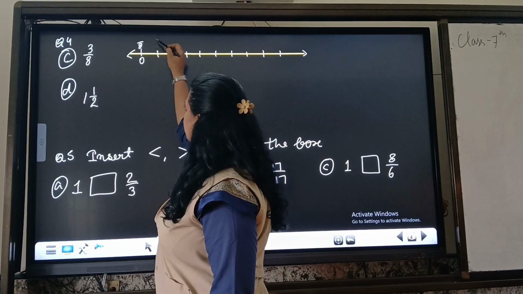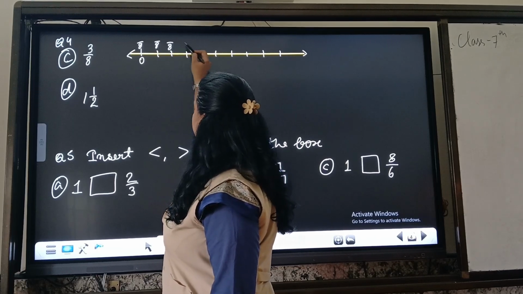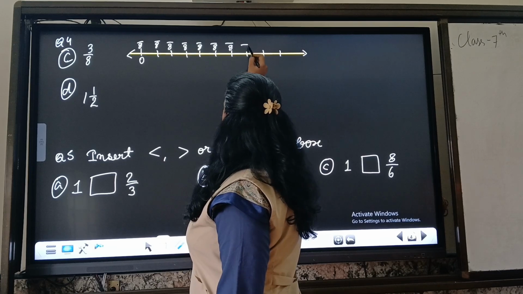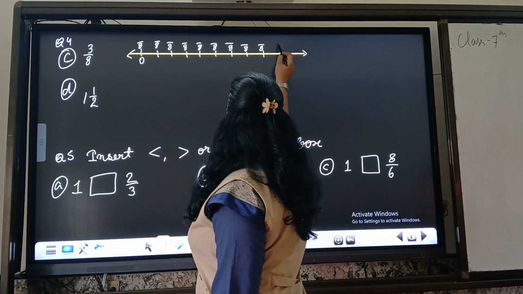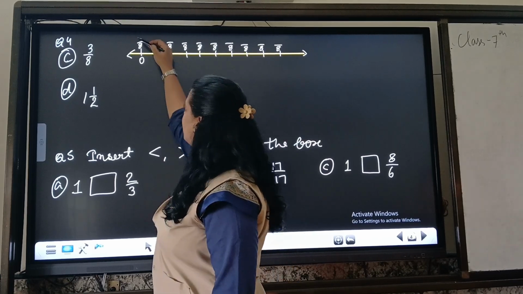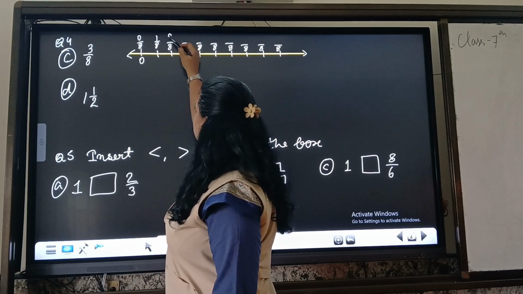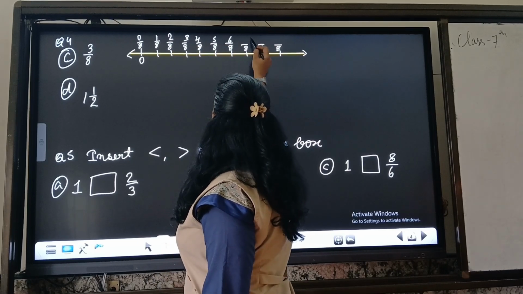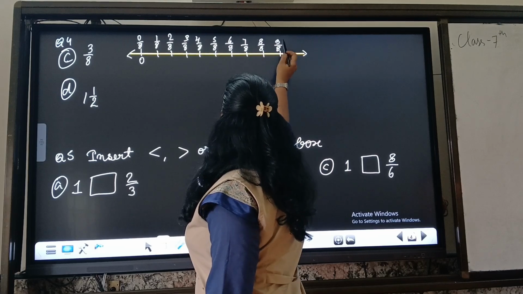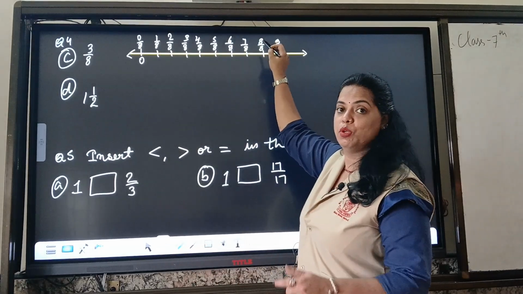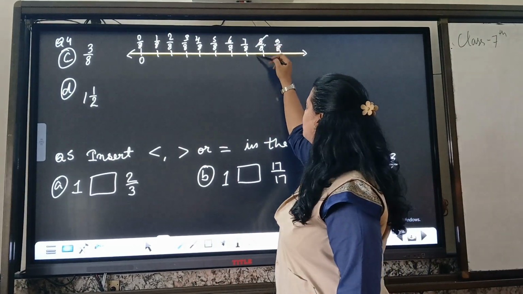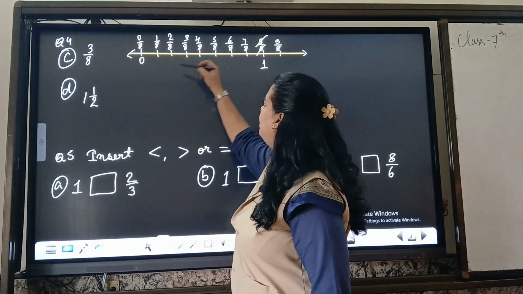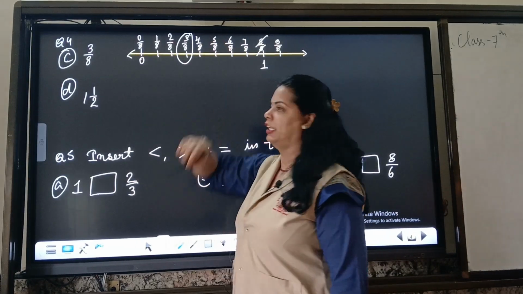So, here denominator 8, 8, and so on I will continue, and at the same numerator and denominator place I will write 1 after cancellation. Here I will start 0, 1, 2, 3, 4, 5, 6, 7, 8, 9. You can see here we have same numerator, same denominator. After cancellation it will give you 1. And where is our number 3 upon 8? Here it is, 3 upon 8.